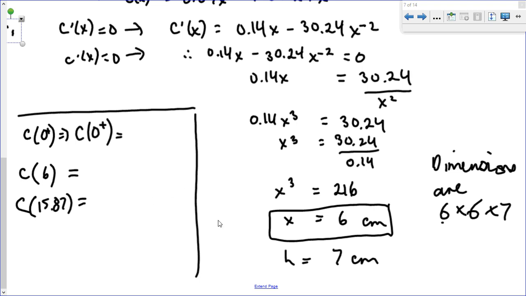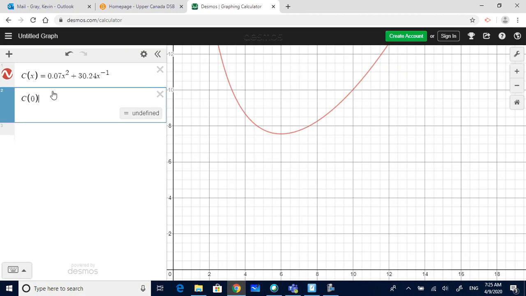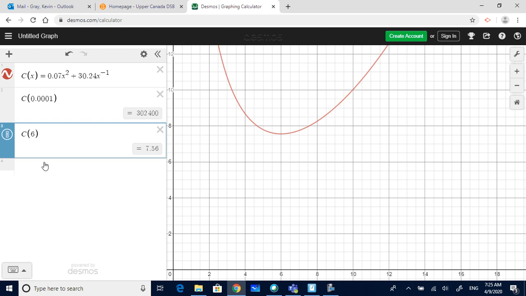So let's go back to Desmos and get my values here. I can't use 0, but I could certainly use a value close to it, and that looks like approximately $302,400. The next cost is the cost at 6, $7.56. And for the next cost, I'm going to be a little more accurate.